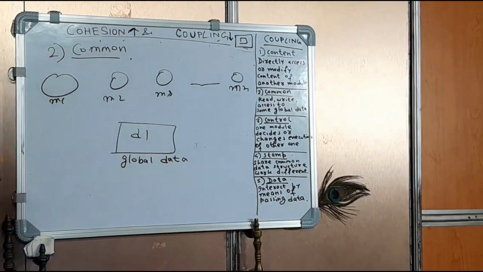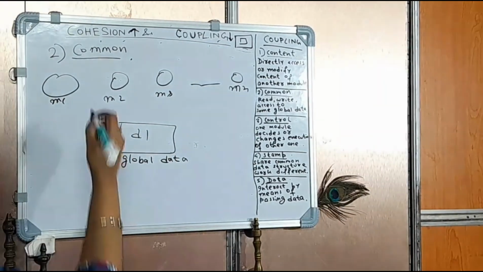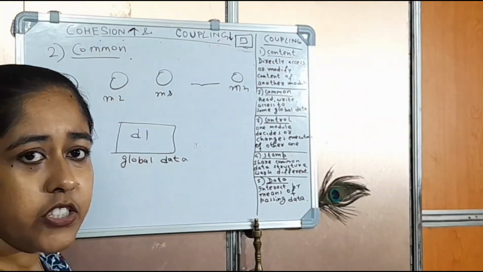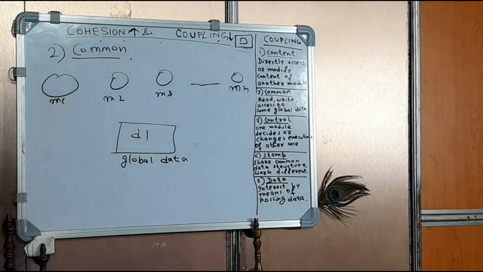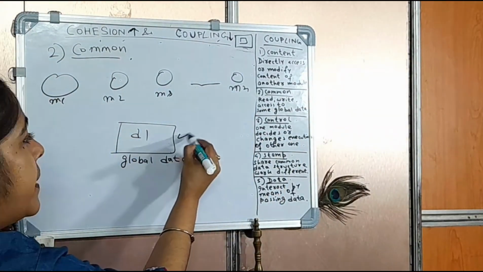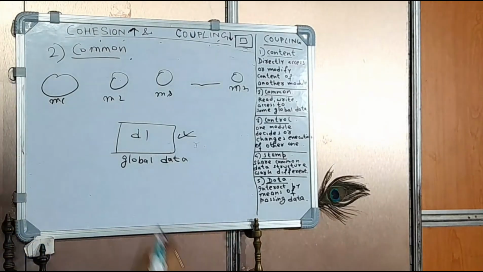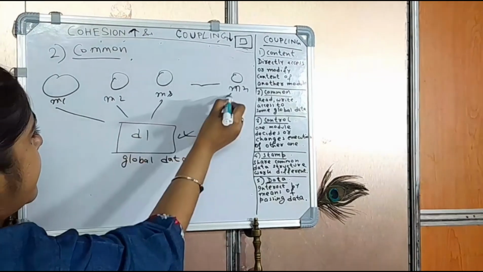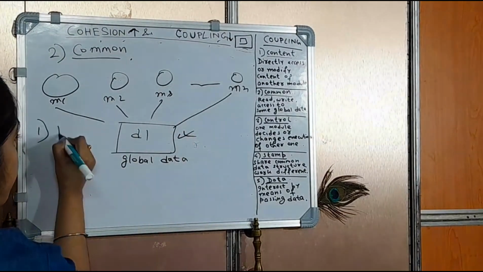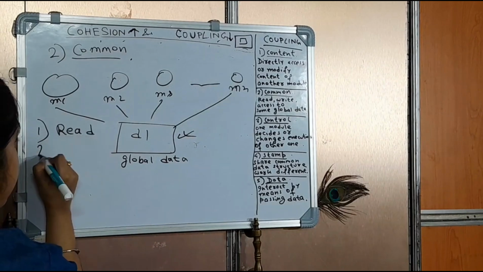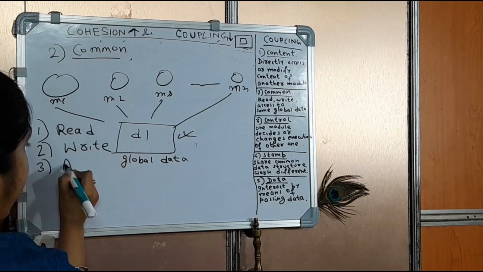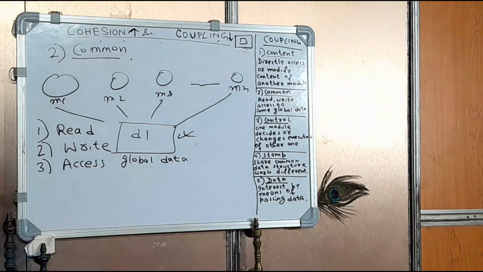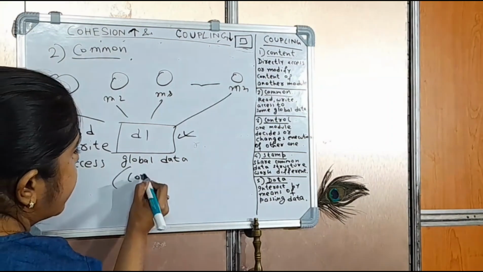Suppose D1. So how will we check the interdependability between each other? We have to see if they can read, write, access some global data. A common data should be there, which they can easily read. First of all, they can read, they can write, as well as they can access this global data. That is my common data.